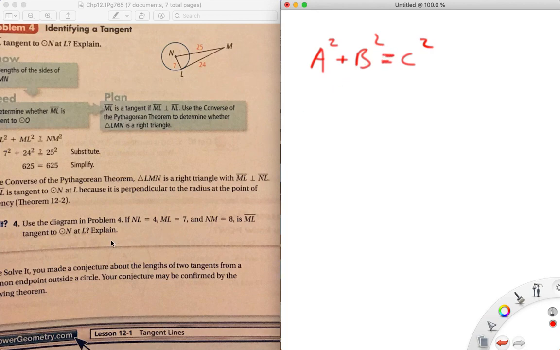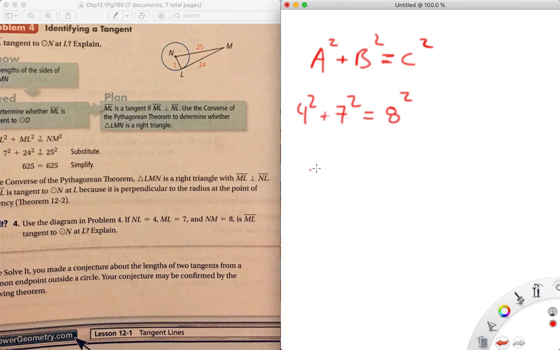So for problem 4, they give me that NL is 4, so 4 squared. Sorry, they give me that as 7 from problem 4, 7 squared, plus 4 squared. And it should equal the hypotenuse squared. So if these two are equal on both sides, then we have a right triangle.